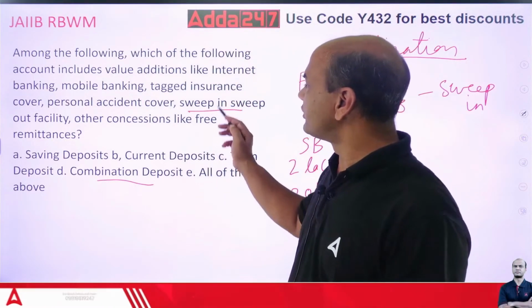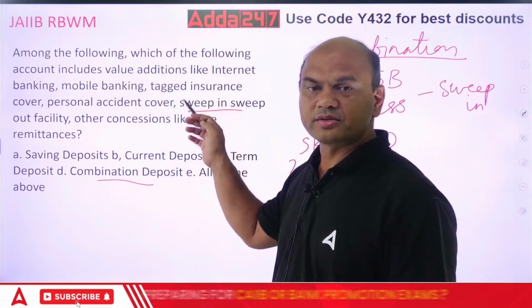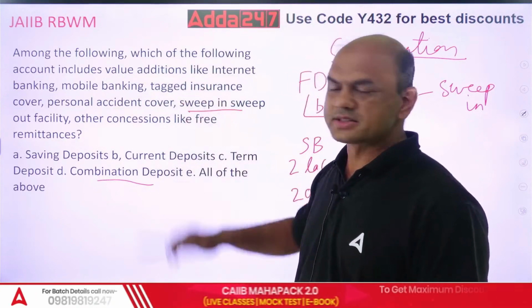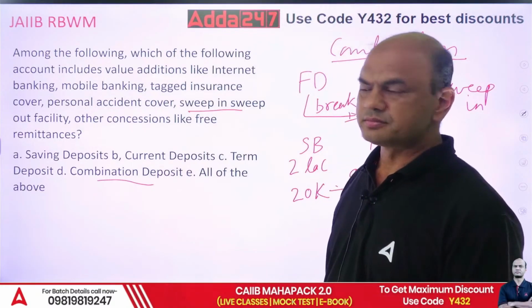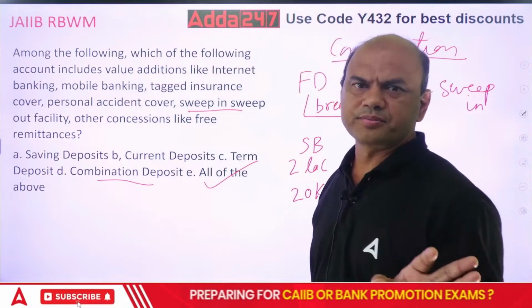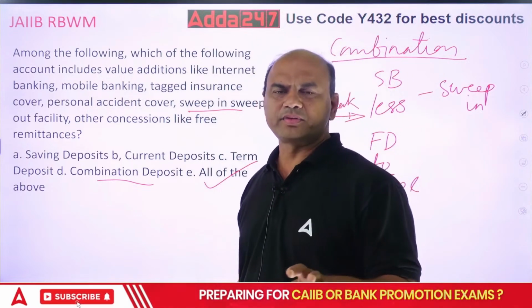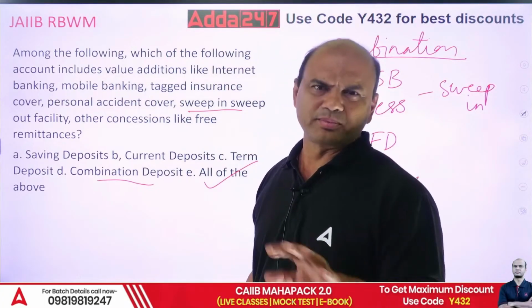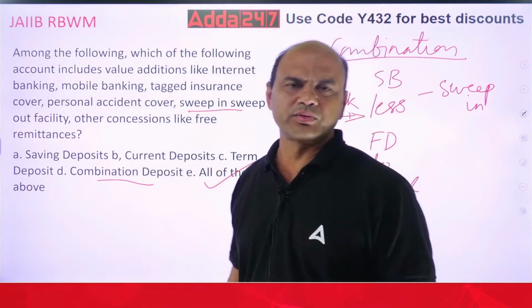But the real question over here is, in which of the accounts are these facilities given? It's all of the above. Okay, all of the above. Some of you have written this as current account. It's not compulsory that I should give it for current account only.